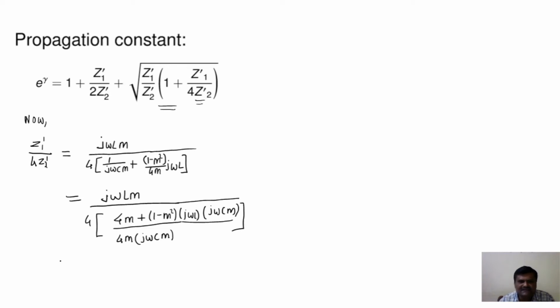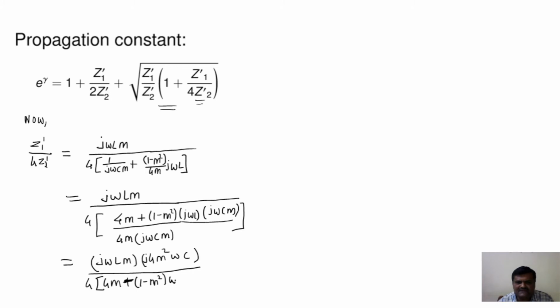Right here it is equal to j omega Lm multiplied by 4m, that is 4m square omega C, this is j, into bracket 4m plus 1 minus m square. I directly write it as j square, so this plus becomes minus, j square is minus 1 minus m square.